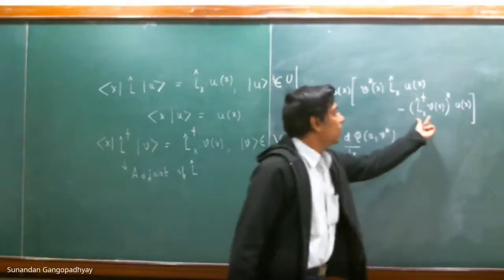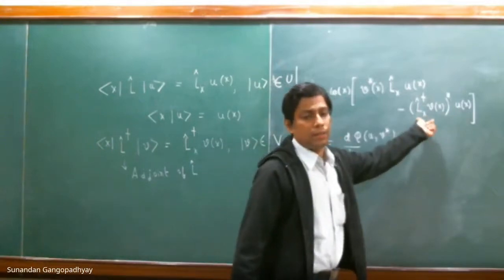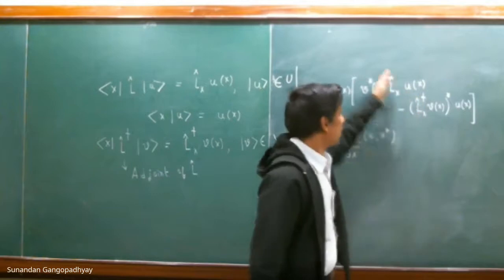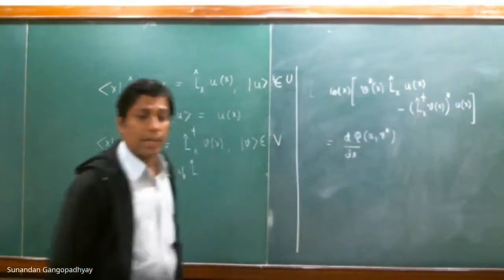So this is how the adjoint is. You can find out the adjoint from this kind of a relation.